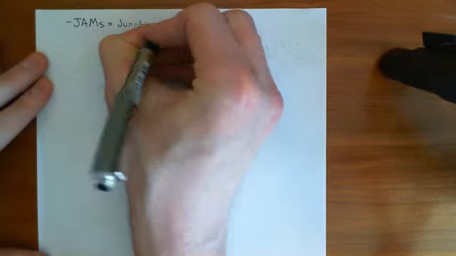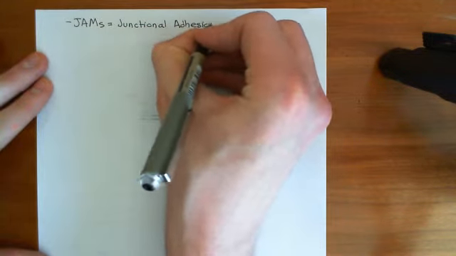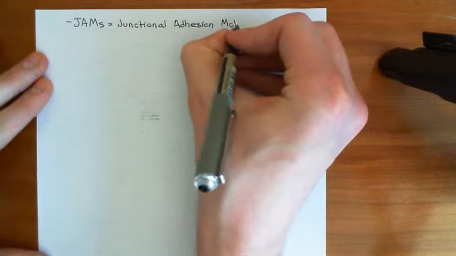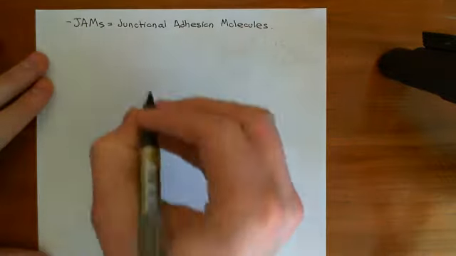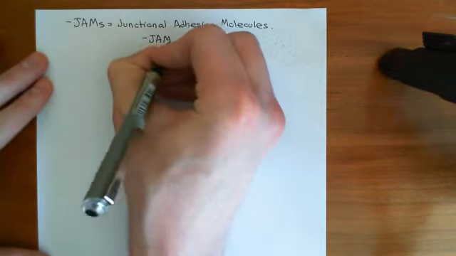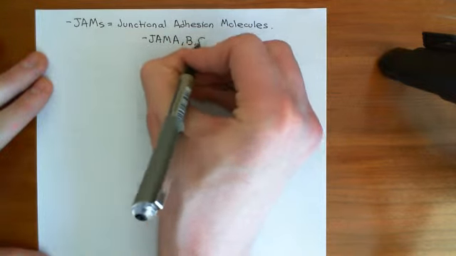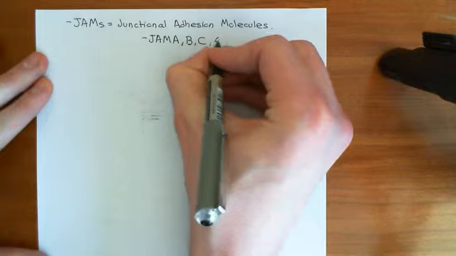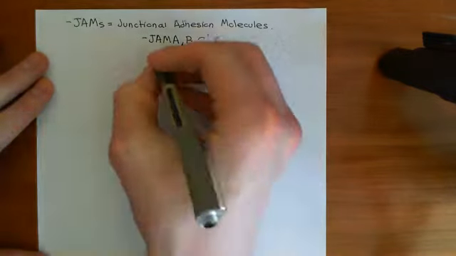So the J is for junctional, the A is for adhesion, and the M is for molecules. There are actually 6 different junctional adhesion molecules: junctional adhesion molecule A, junctional adhesion molecule B, junctional adhesion molecule C, junctional adhesion molecule 4, and then 2 junctional adhesion molecules that are given completely different names.